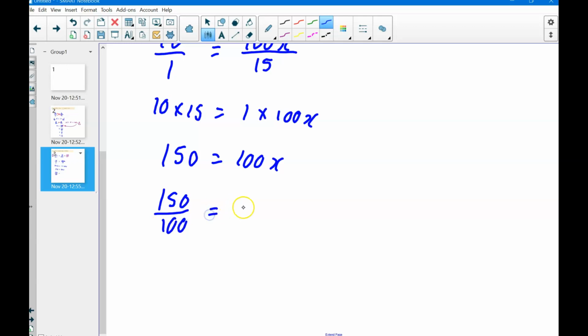I'll show all the steps this time. And this 100 goes away. These go away over here. I'm left with 15 over 10 equals x, or 1.5 equals x.